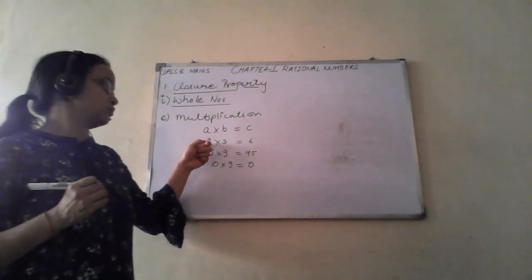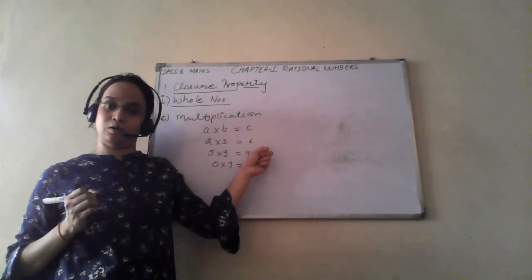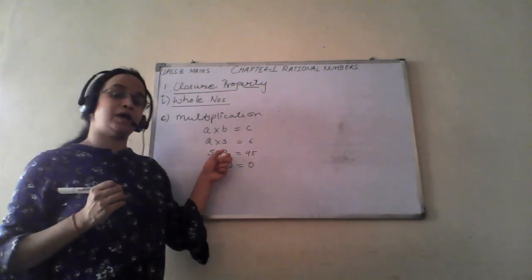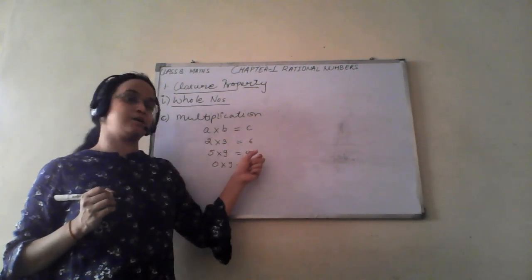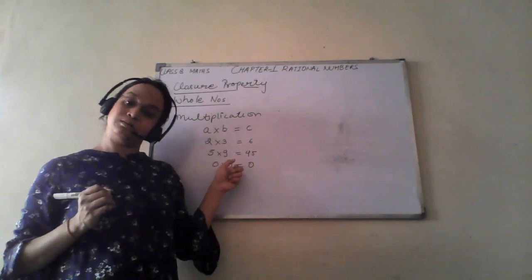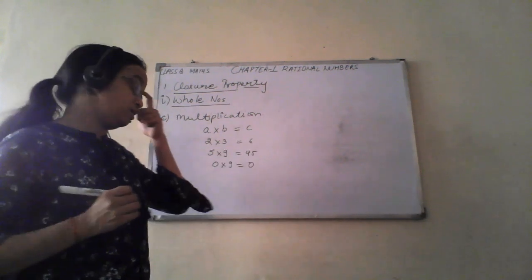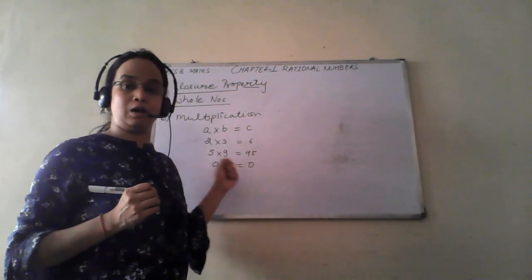So 2 and 3 are whole numbers. Resultant 6 is also a whole number. 5 and 9 are whole numbers. Resultant 45 is also a whole number. 0 and 9 are whole numbers, and 0, which is the resultant number, is also a whole number.